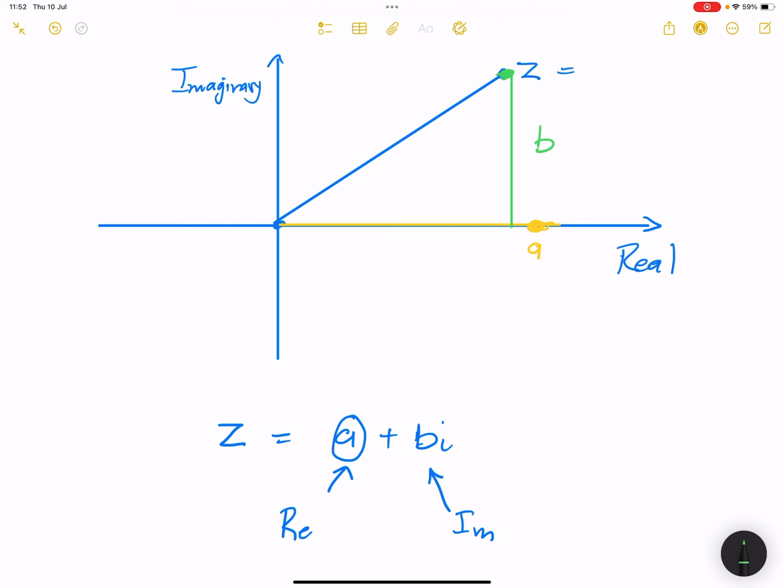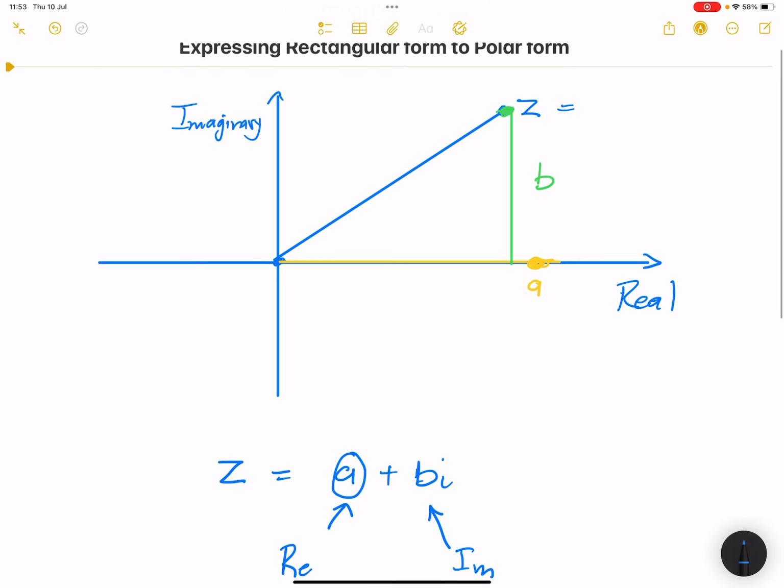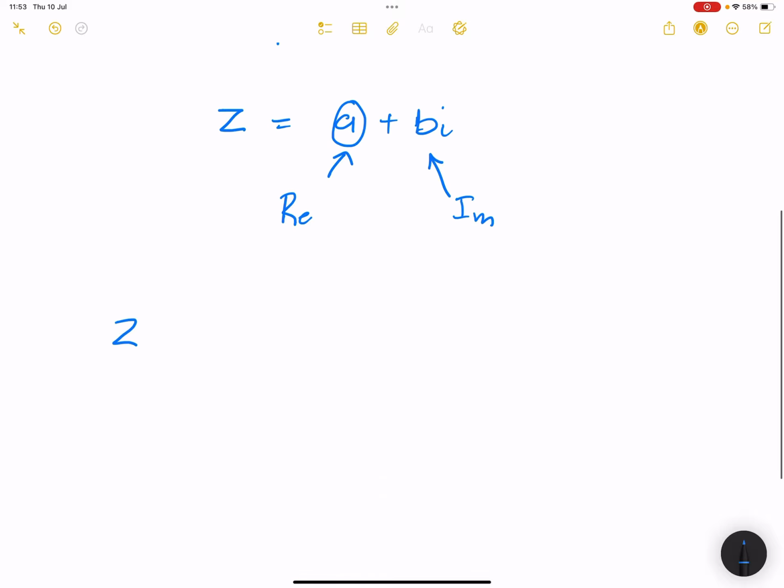Now what we had said is that we can calculate the modulus, meaning this is the distance. Simply put, the distance of this line from the origin all the way up to that complex number. So the modulus will simply be the square root of a squared plus b squared.